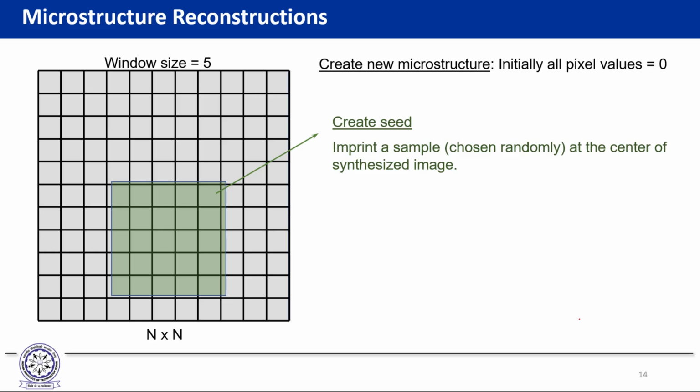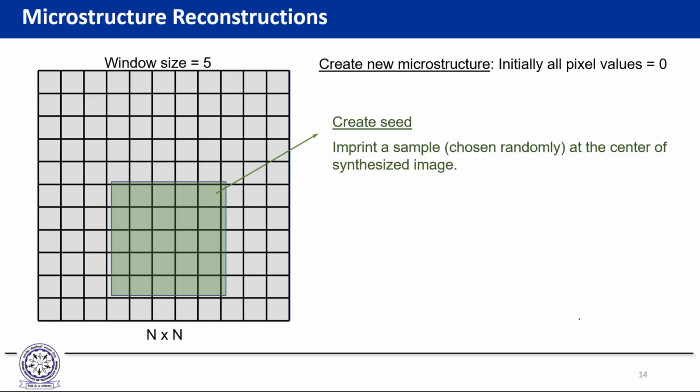Essentially, this is a sample which I have chosen from a set of samples from the image that I am trying to reconstruct. Now you can actually pick the seed in two different manners. So you can choose it randomly from all of the samples, or if you already know that one particular patch is more representative of the microstructure than anything else, you can simply say that I am going to take a representative seed and I will start with the representative seed. But however you do it, you will need to actually start with a seed.